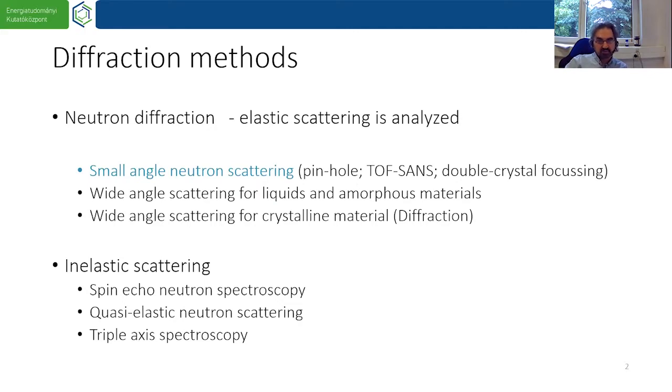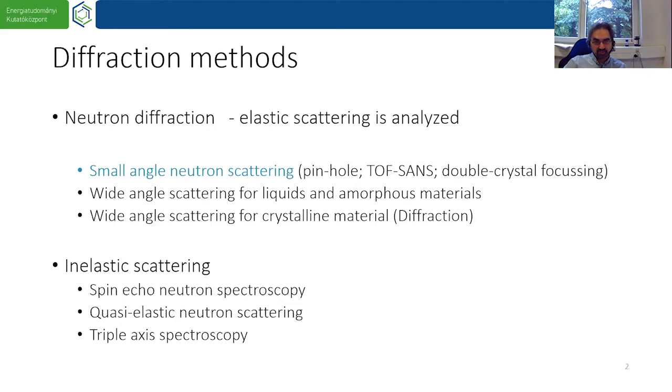Here we can see the interatomic distances between the molecules and between the atoms. If the system is liquid or amorphous, the scattering patterns contain information, but it's not so easy to extract it because there are no distinct peaks, there are only waves.